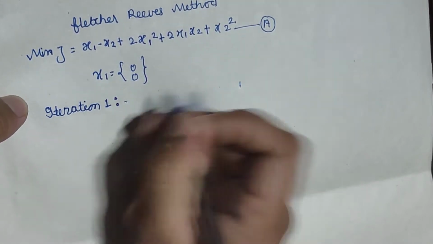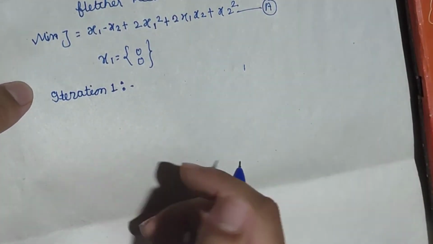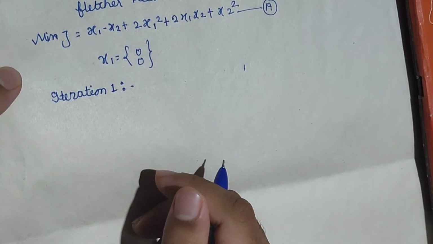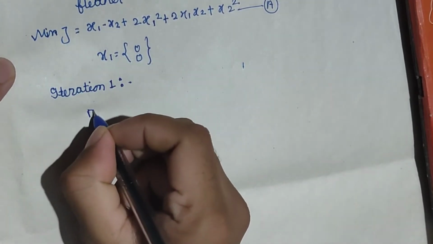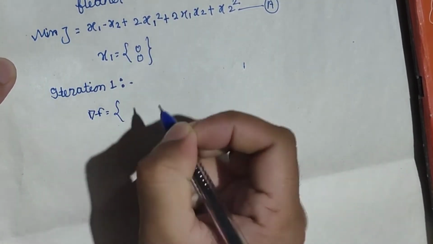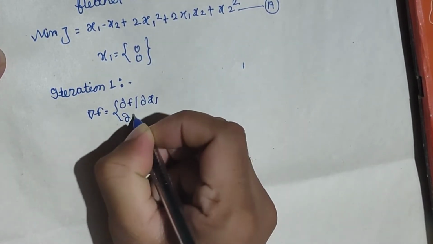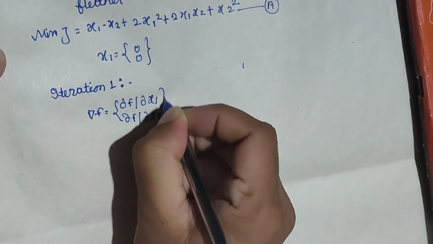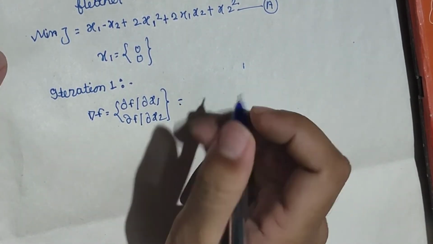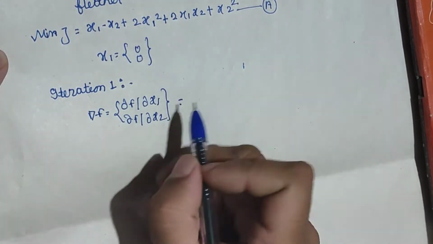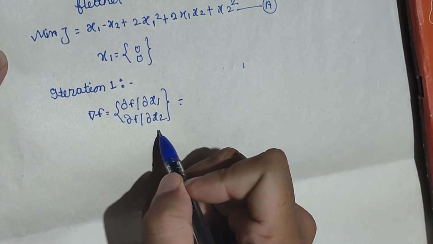Iteration 1. Del f equals differentiation with respect to x1 and differentiation with respect to x2. So we have to differentiate this objective function with respect to x1 and then with respect to x2.